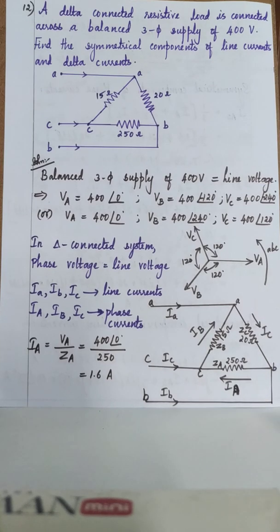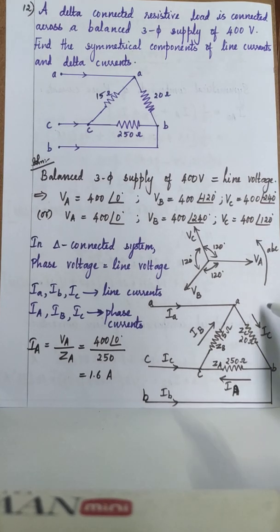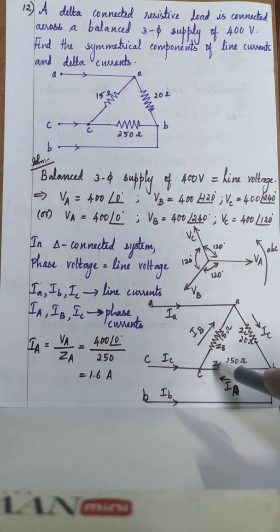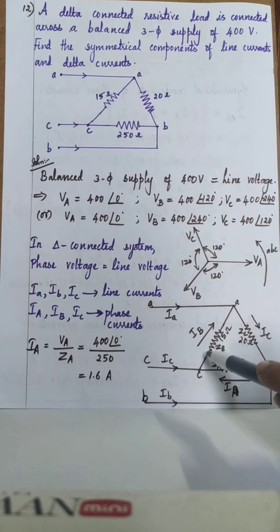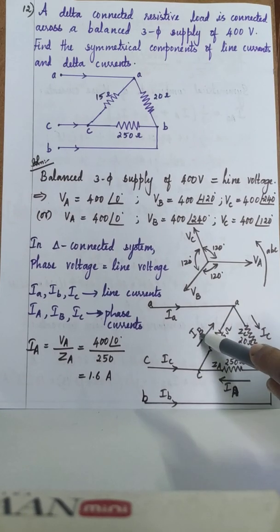In a delta connected system, line current and phase current are not the same, but the voltage across A and B lines is nothing but V capital C. Since it is I capital C, it is V capital C, because again it is opposite to vertex C. Similarly, opposite to vertex A, V capital A. The voltage across the lines B and C is taken as V capital A, and the voltage across the lines C and A is taken as V capital B.